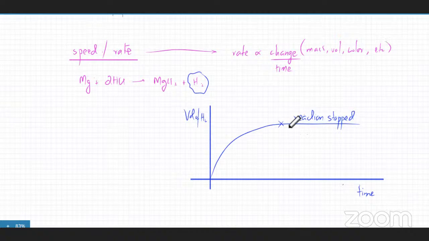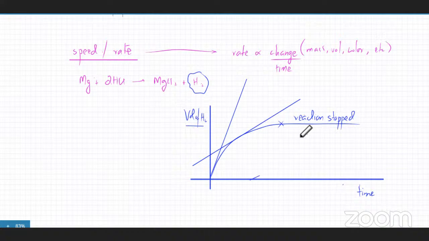I said reactions are always fast in the beginning, right? At the start, they're always fast. So this is the gradient and this is the gradient over here. The gradient is the rate. Change with respect to time, the gradient is the rate. So remember this, when you plot any change with respect to time, whether it's the volume of H2, the change could be increasing as well as decreasing.